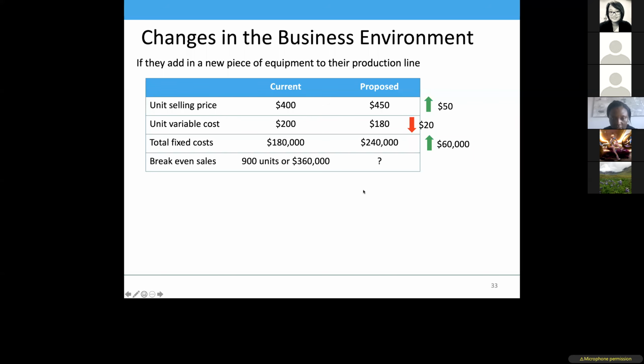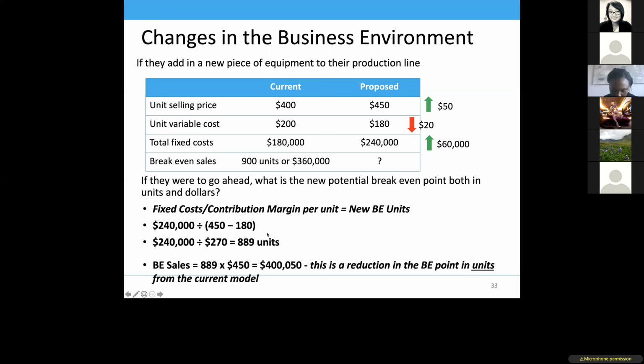Tammy? It's 889 units as well that I got. Xudong? 889 units. Mario? Yeah, I got 889 units as well. Yeah, so that's correct.